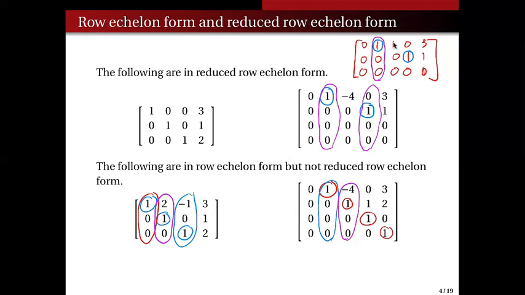This guy here is 1, and all the other entries in the same column are zeros. But this is not a pivot column. This is not a pivot position because this is not a leading one. However, this guy here is a leading one, and therefore it's a pivot position, and this column is a pivot column. Okay? Questions?